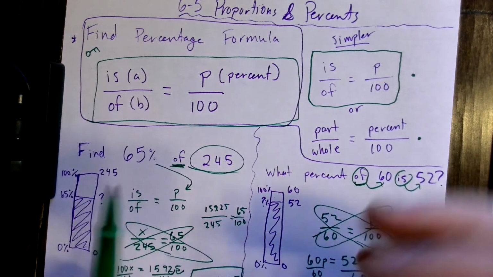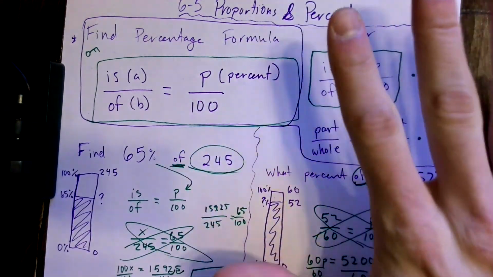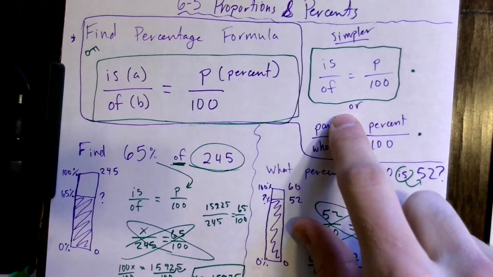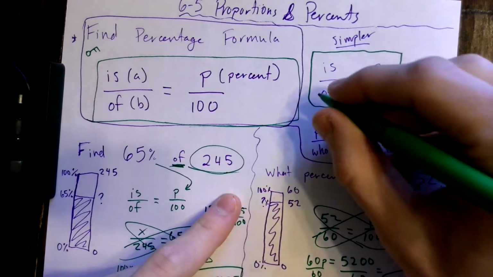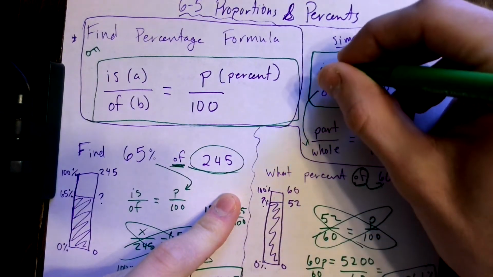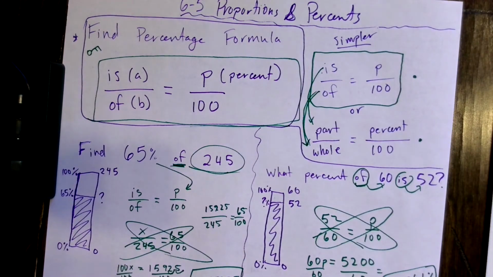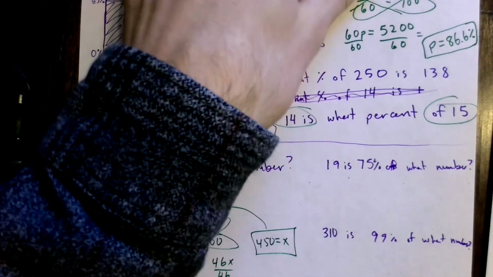So if I told you I had 5 apples, my whole would be 5 apples. If I gave you part of it, 3 apples, that would be the part. Those are the same as the is and of. So if you're wondering why this is working for us, that would be why. Our of is our whole, our is our part. It's just easier to word those as is and of rather than part and whole, especially when they word problems as is and of.